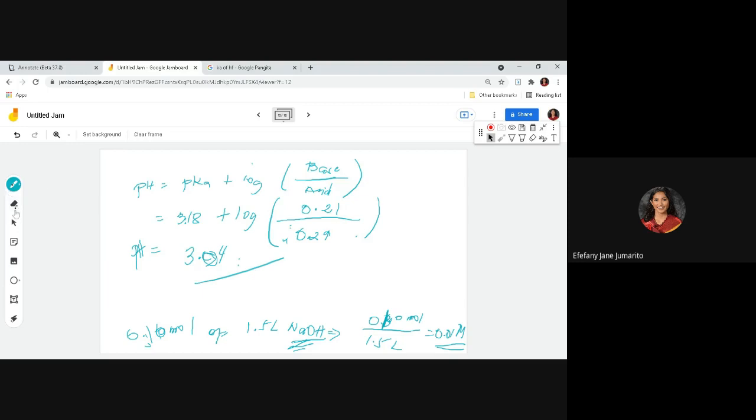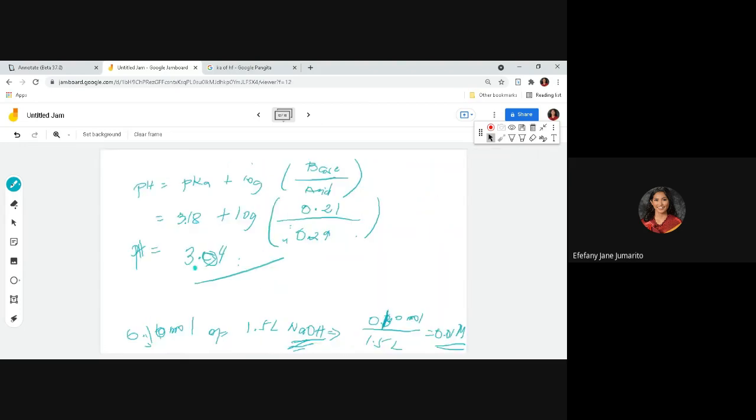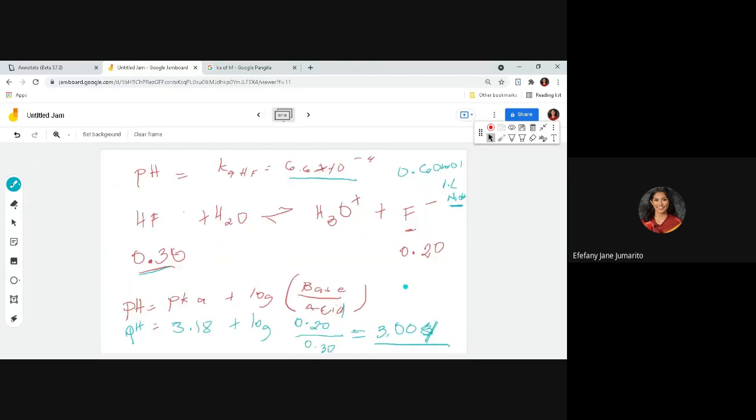Now, notice that the change is also big, 3.04, because your buffer is not very effective. Again, your buffer can be effective if your HF and your F minus are almost equal or even equal.